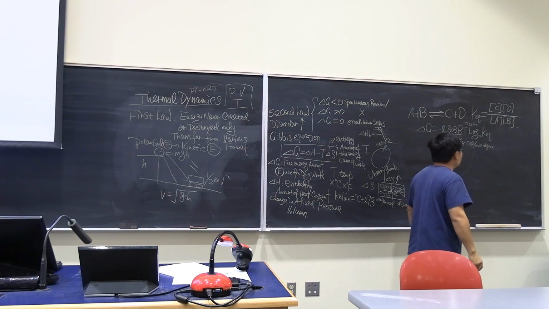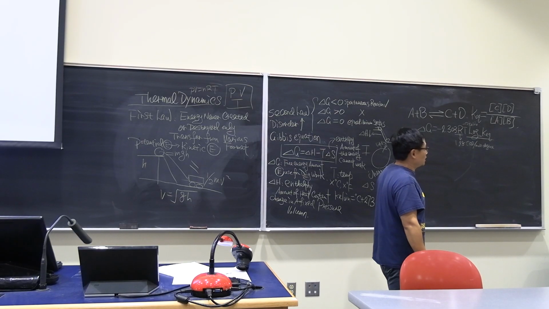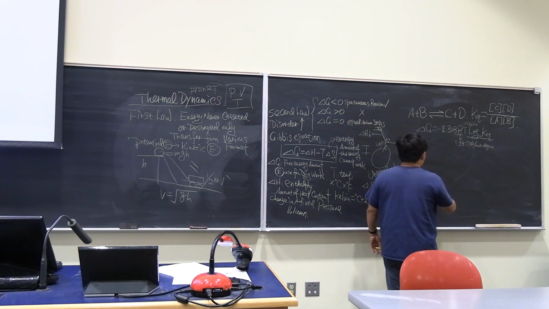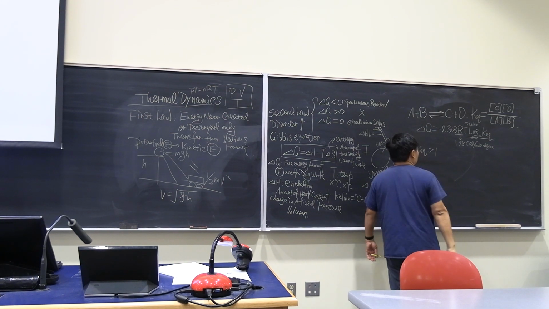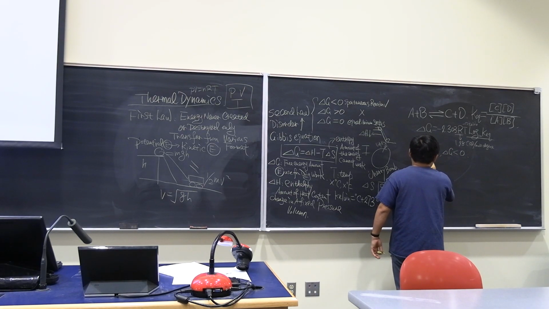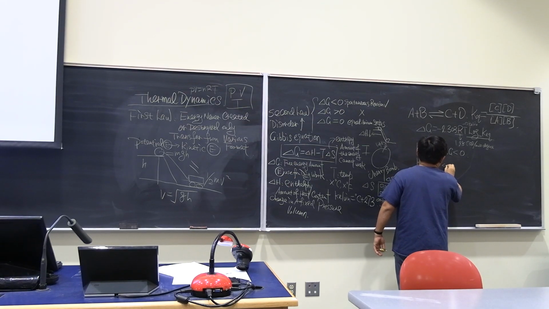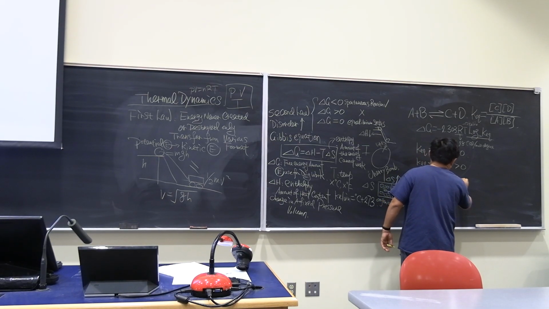Now from here you can see, because we have a log 10 here, if K is more than 1, what will happen? Delta G is less than 0. If K is less than 1, delta G is more than 0. If K equals 1, delta G equals 0.